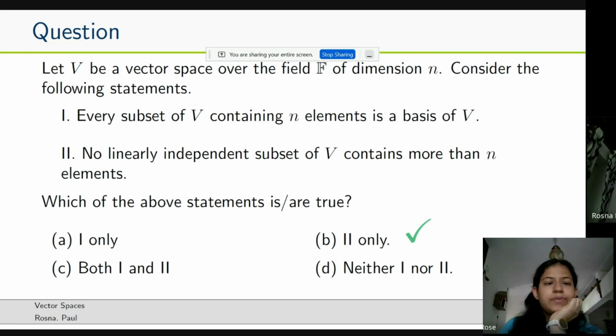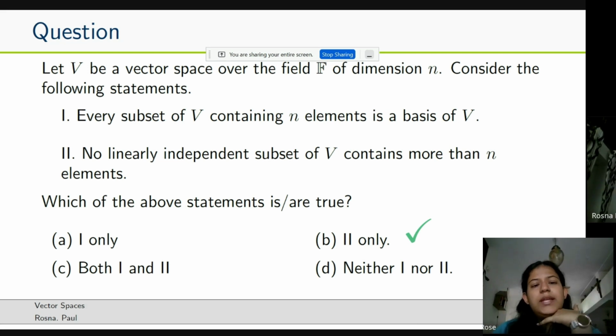Yes, you are right. If you take a collection of n elements, that doesn't mean that it is linearly independent. For example, you can take a collection for R3 as (1,0,0), (2,0,0), and maybe (3,0,0). So this is a collection of 3 elements for R3, but this collection is linearly dependent because one is a scalar multiple of the others.